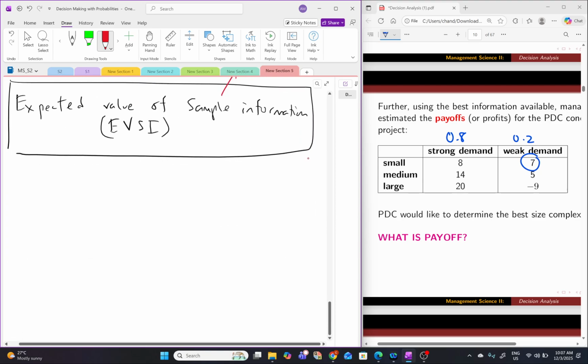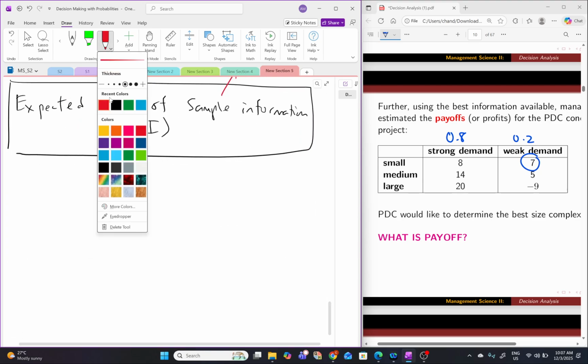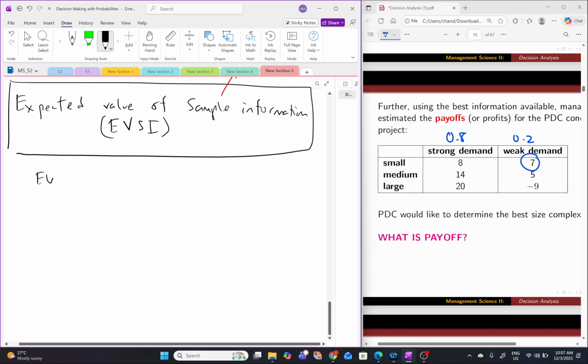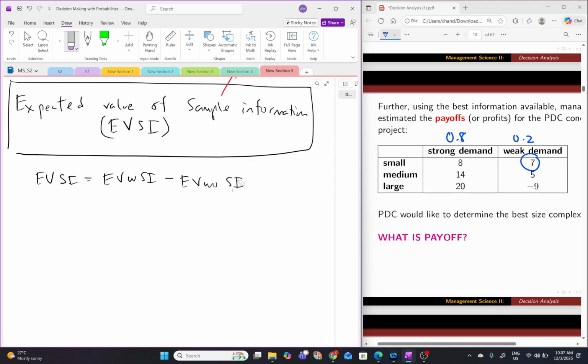Formula dia sama, lebih kurang sama macam yang tadi. Expected value SI is equal to expected value with sample SI minus expected value without sample SI.